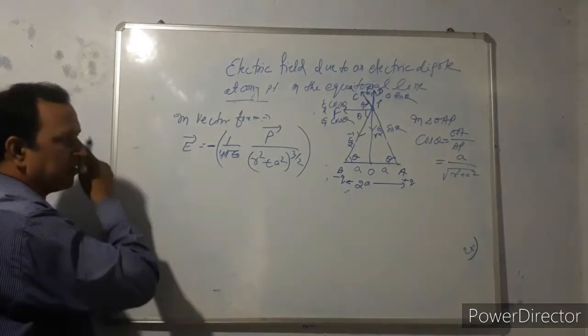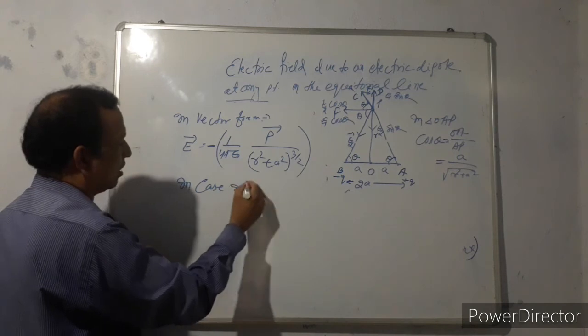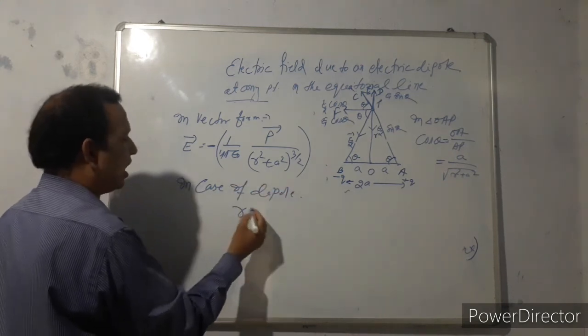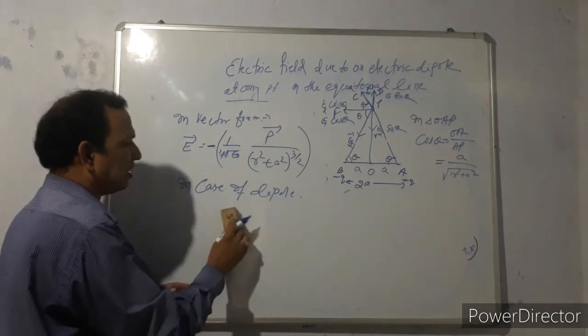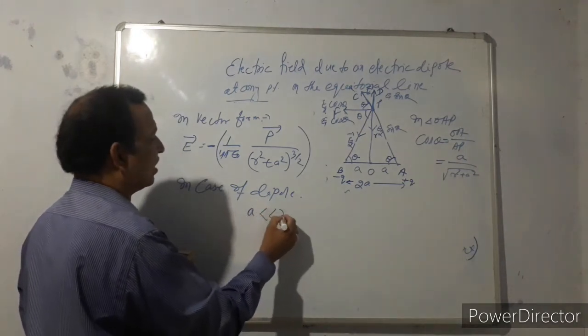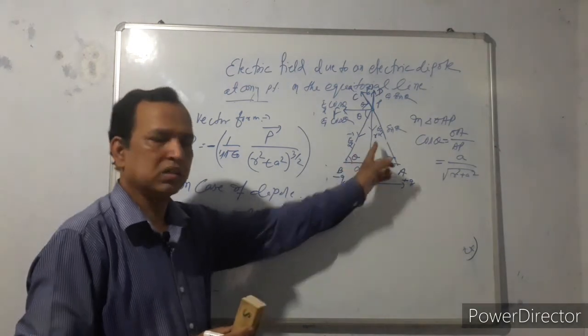In a special case, in the case of a dipole, a is very small as compared to r.